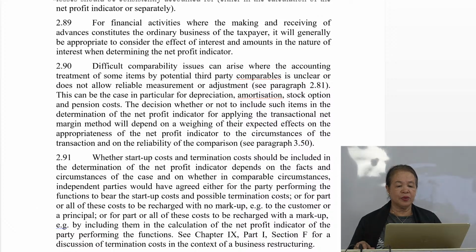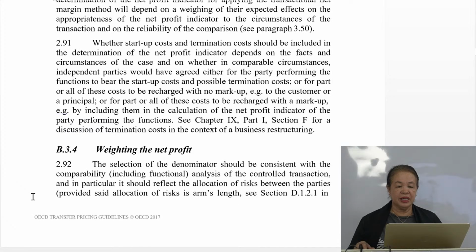Whether startup cost and termination cost should be included in the determination of the net profit indicator depends on the facts and circumstances of the case and on whether in comparable circumstances, remember, we are comparing, independent parties would have agreed either for the party performing the functions to bear the startup cost and possible termination cost, or for part or all of this cost to be recharged with no markup to the customer or principal, or for part or all of this cost to be recharged with a markup.